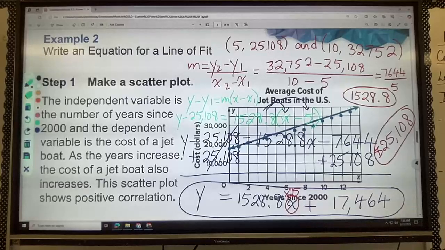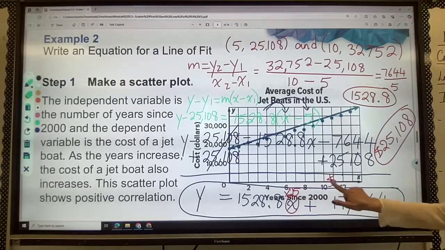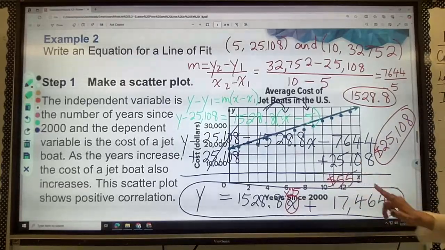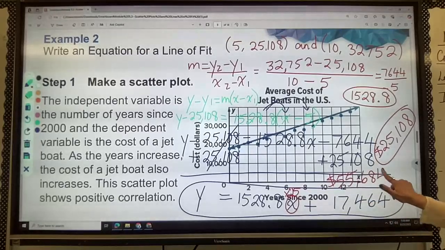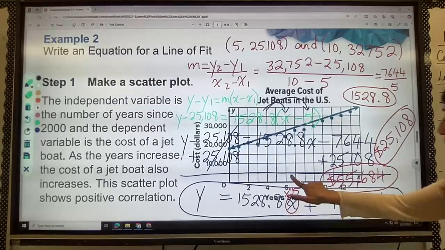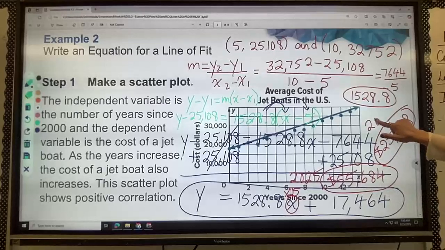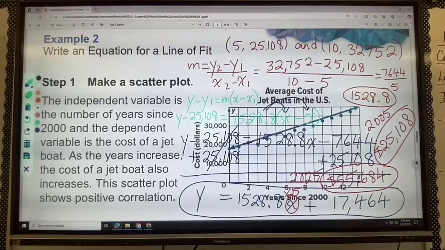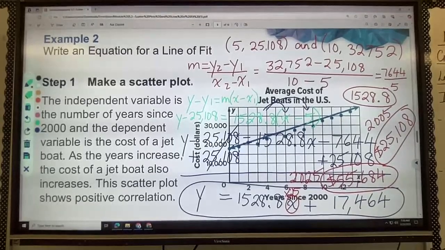I am going to get 55,684 once I simplify. So this is in 2025. This one was in 2005. So that's basically how we can predict the cost of a jet boat in 2025 will be about 55,684.